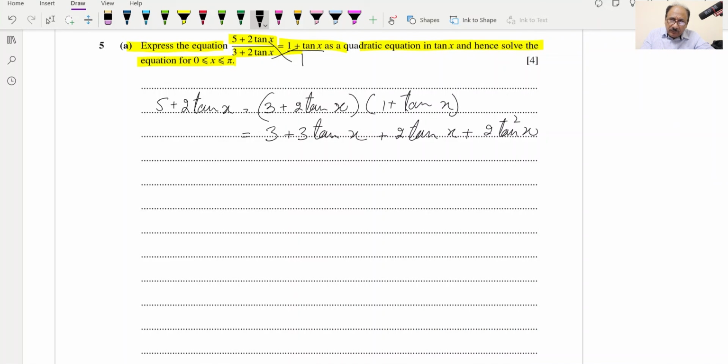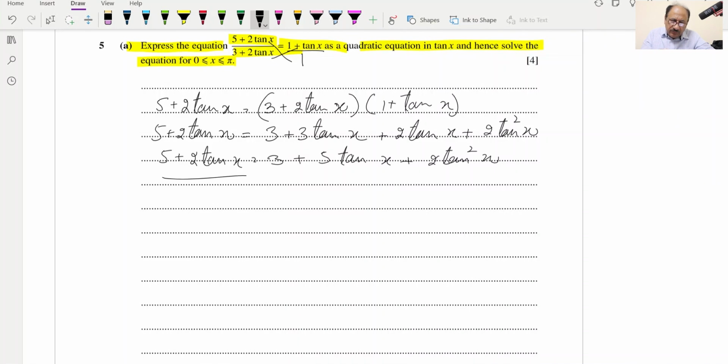Further we can shift everything to one side, or before shifting we can add the like terms, and write in one step: 5 plus 2 tan x is equal to 3 plus 5 tan x plus 2 tan square x.